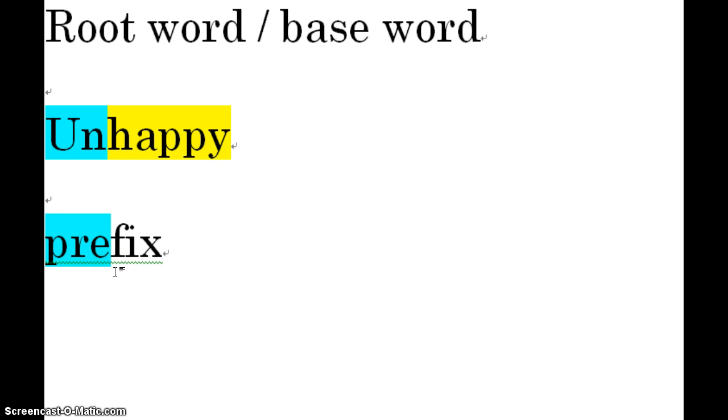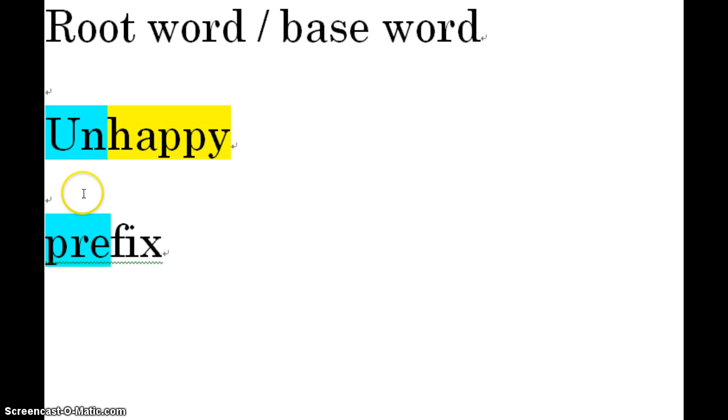Pre means before. So prefixes are generally written before the base or the root word within a word. And prefixes have meanings too. Just like I said, pre means before. And this prefix un, what do you think that means? Well, it means not.